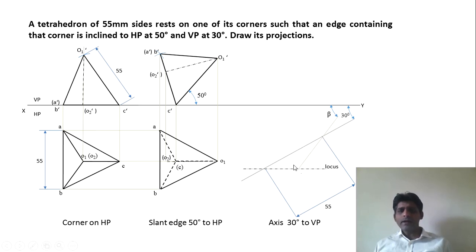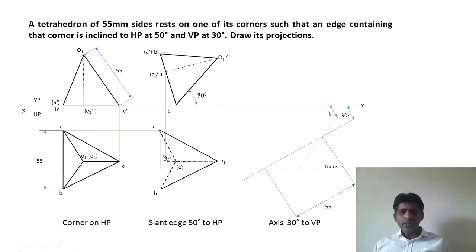So wherever the arc cuts the locus, from the point which we had marked, we will draw one line, and we will extend the line such that it intersects the XY line. This angle we obtain is nothing but the apparent inclination. Now we have the apparent length here and the apparent inclination here. So now we can plot this.